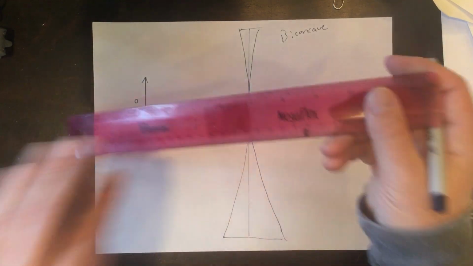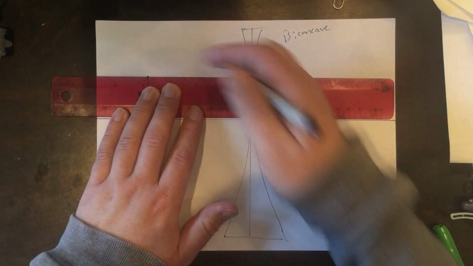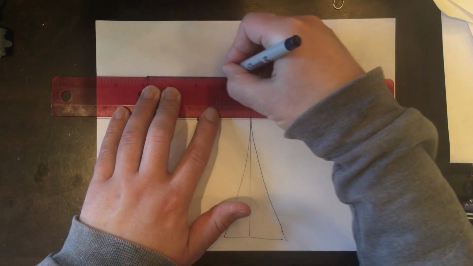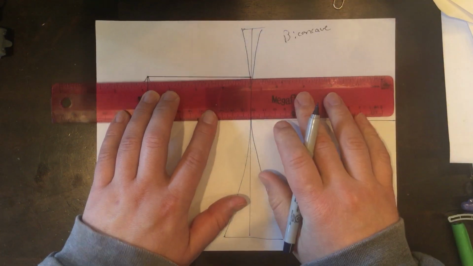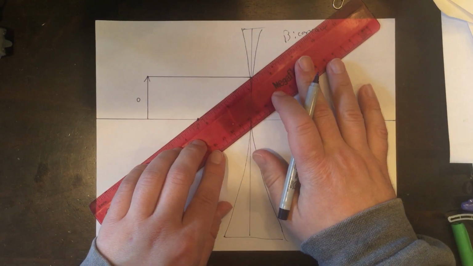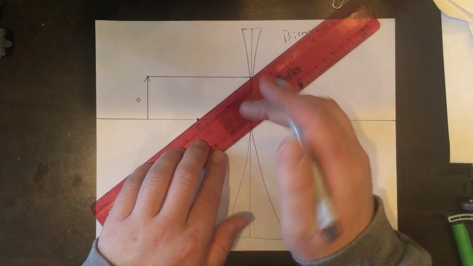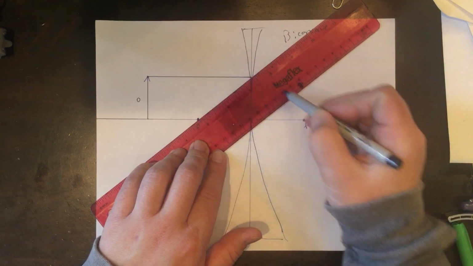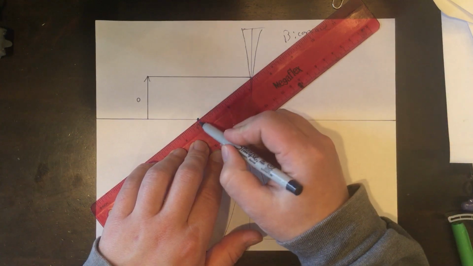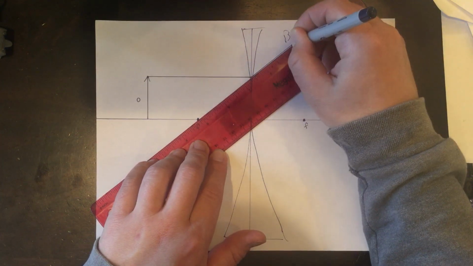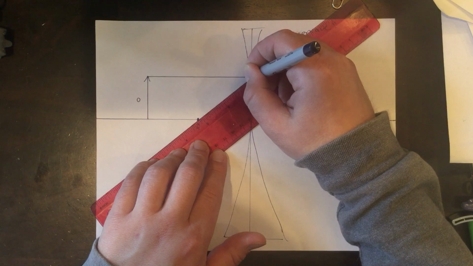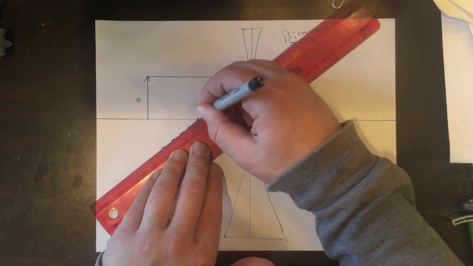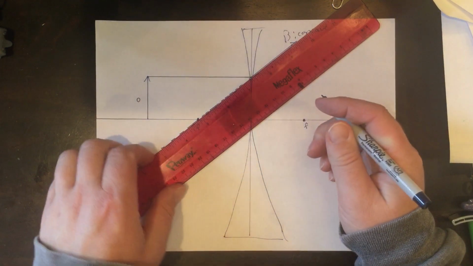I'm going to wait for the hardest one to the end, the one that I tend to forget about. So it goes straight, and it's going to go away from this focal point. Instead of converging at the one over here, it's going to go away from this one. Now I know what happens, so I'm going to make this dotted line here.